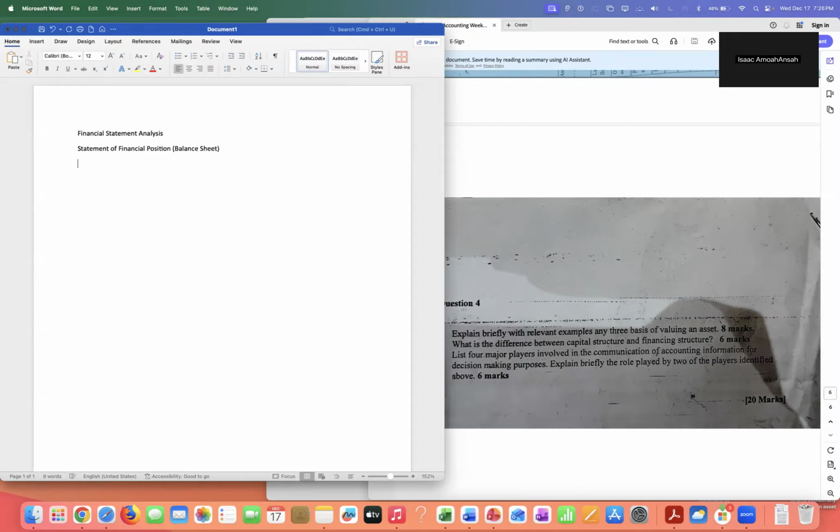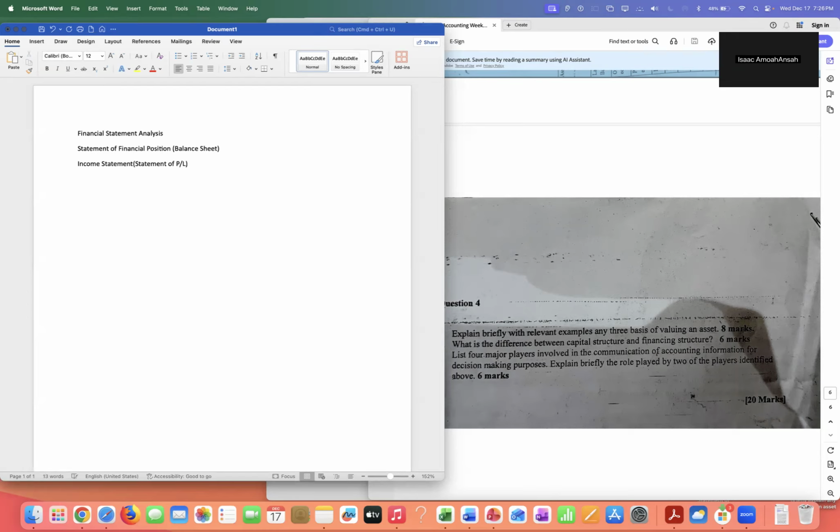The second statement that we'll be using is the income statement, which is also known as the statement of profit or loss and other comprehensive income.